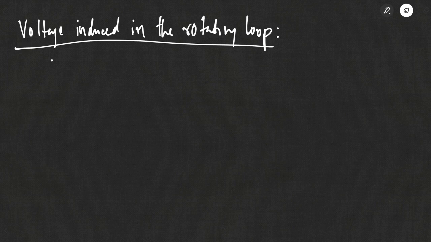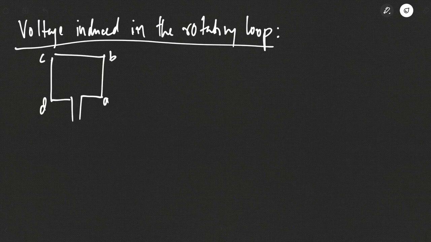So we have a coil ABCD that's placed in the magnetic field. This is a top view.